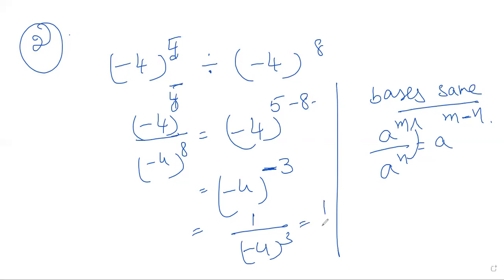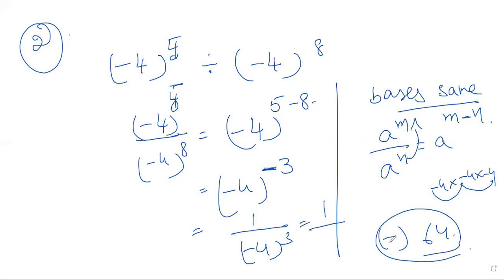Okay children, that is equal to minus 4 whole cube, minus 4 into minus 4 into minus 4. Minus into minus is plus, plus into minus is minus. 4 4s are 16, 16 4s are 64, but they are not asking for the exact value. It is enough if you write this much. 1 by minus 4 whole to the power of 3.